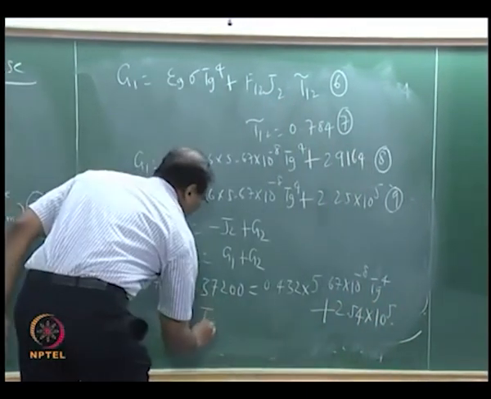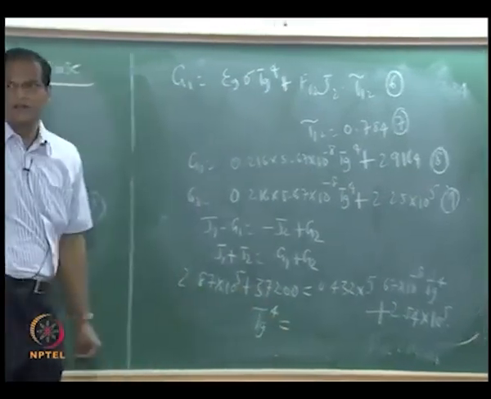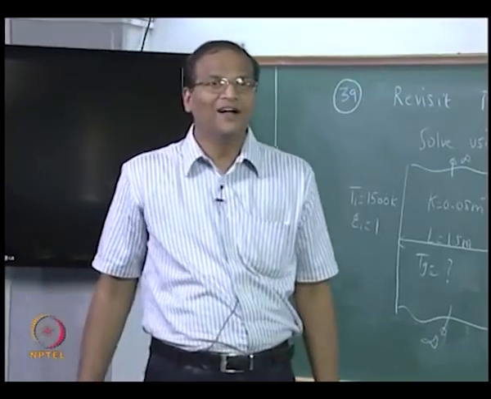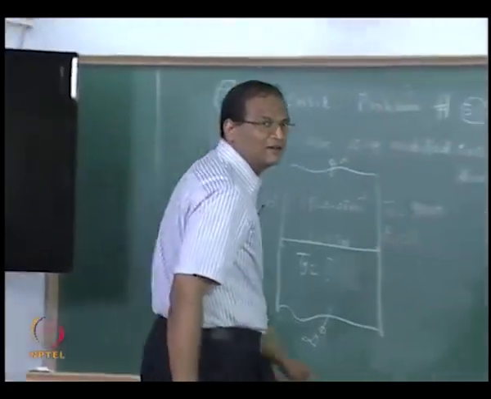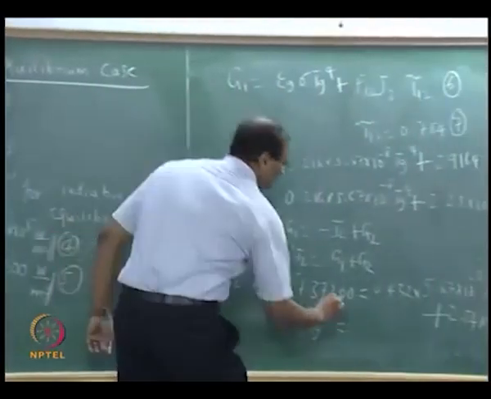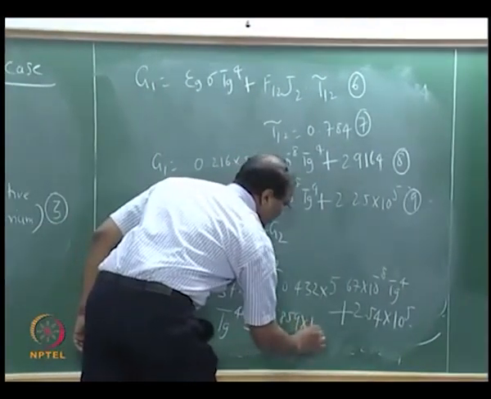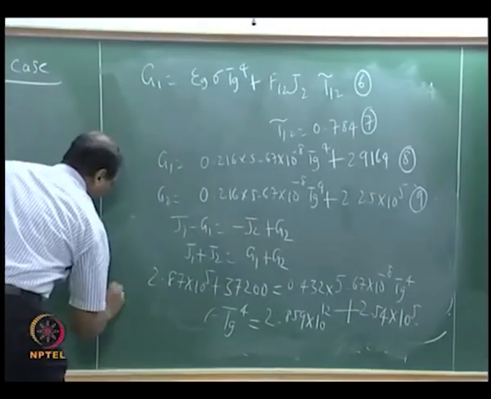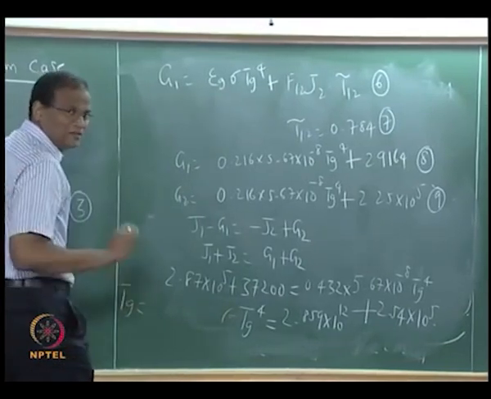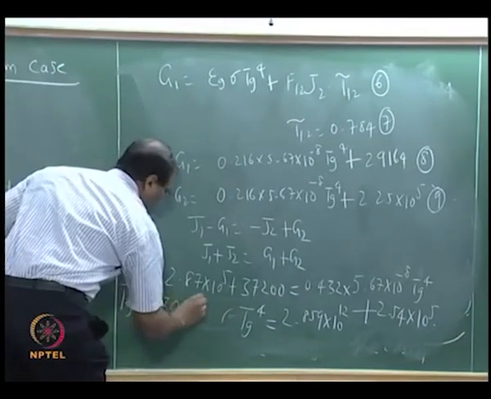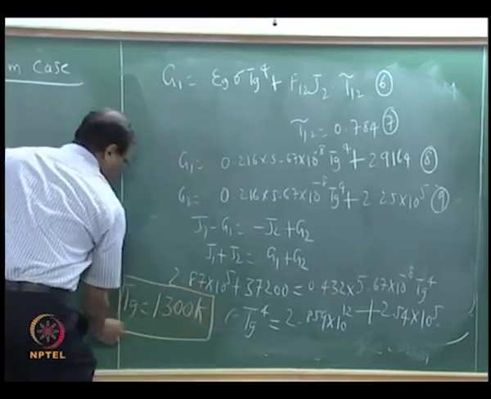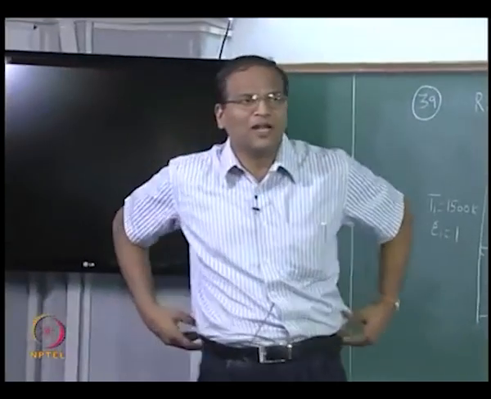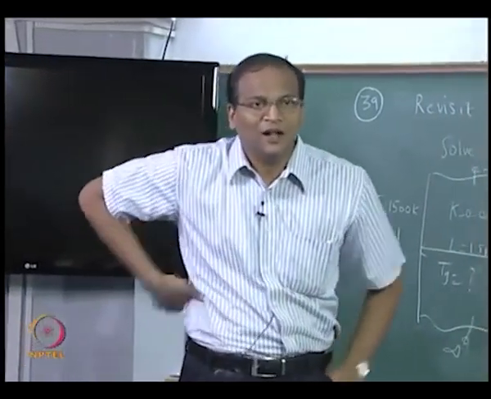So Tg to the power of 4 is 0.859 into 10 to the 12. 1300 and so if you want the gas to be under radiative equilibrium, it should be at a temperature of 1300, or left to itself.